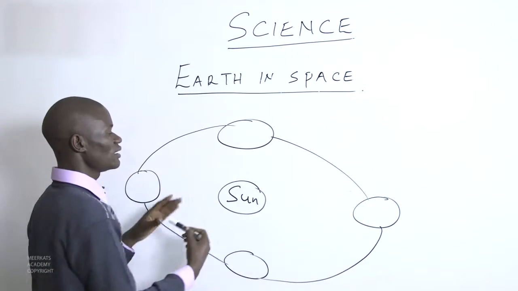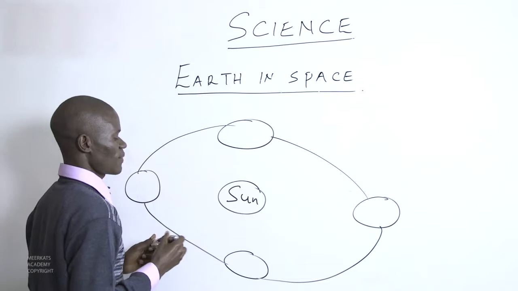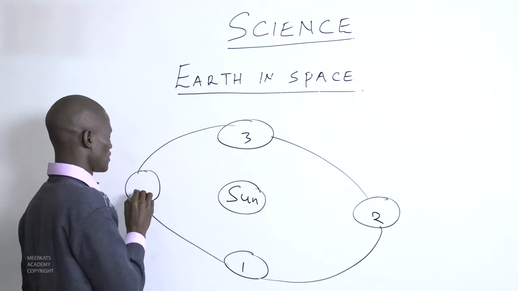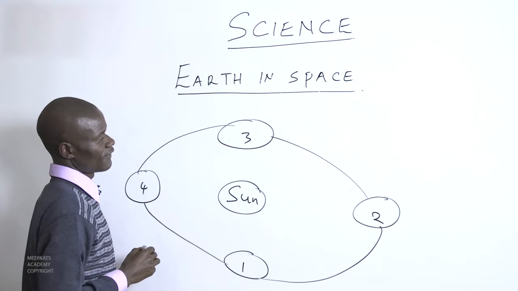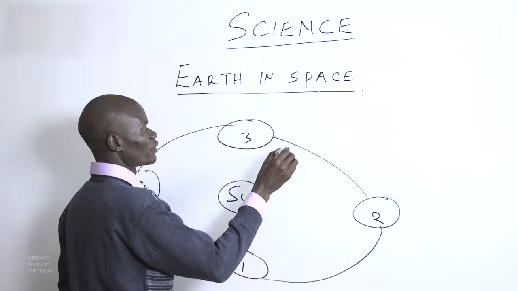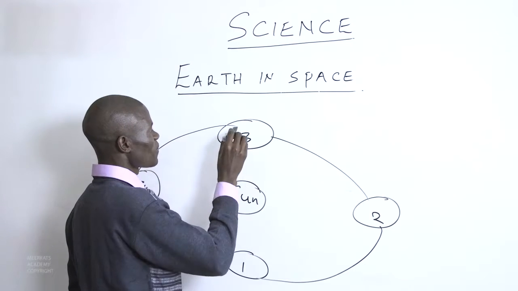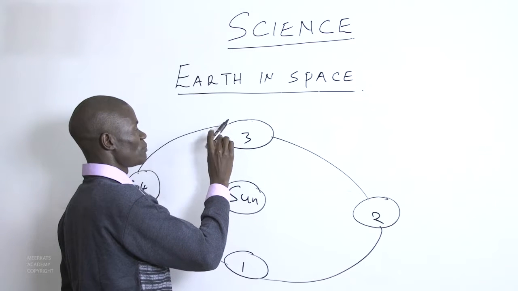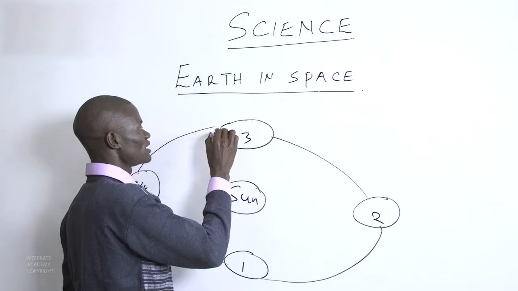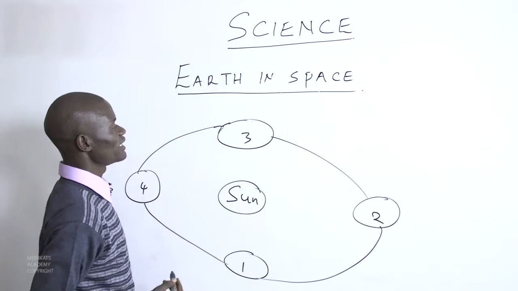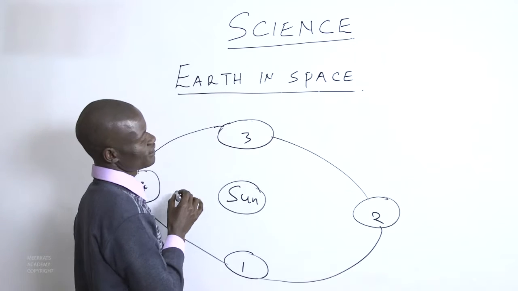This one still represents the earth. Now, there is a point that we are supposed to understand from this diagram. I will use point 3. This is now the earth.